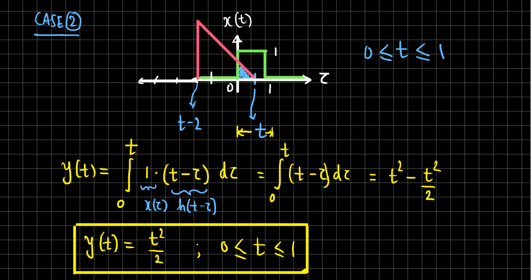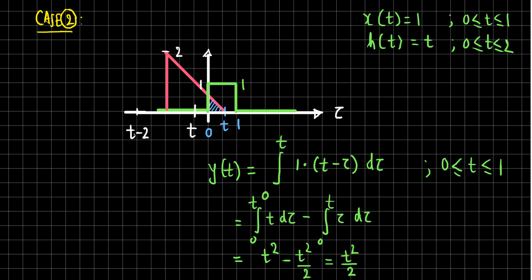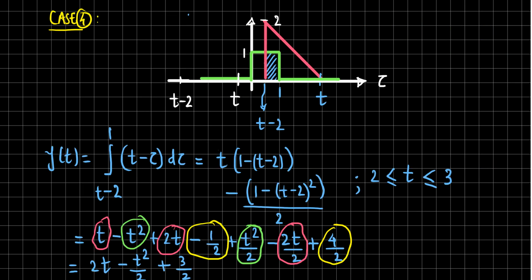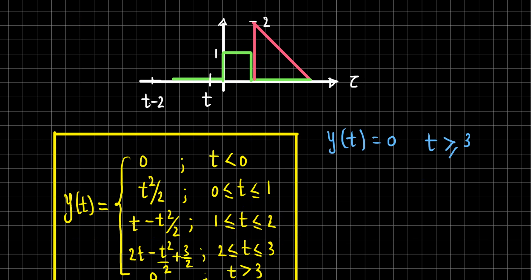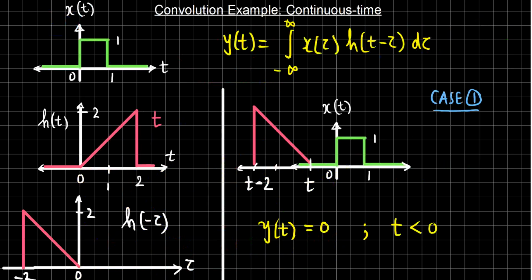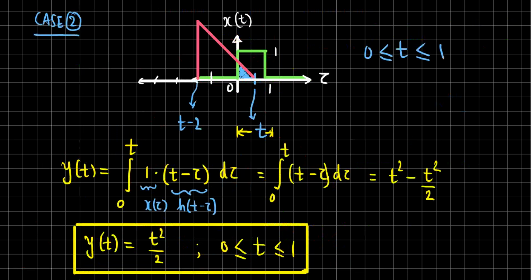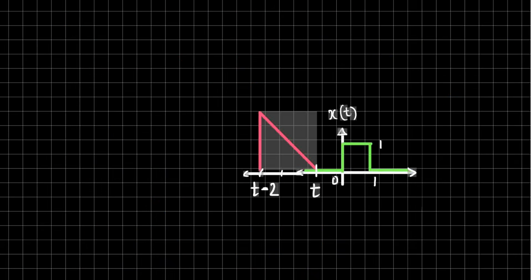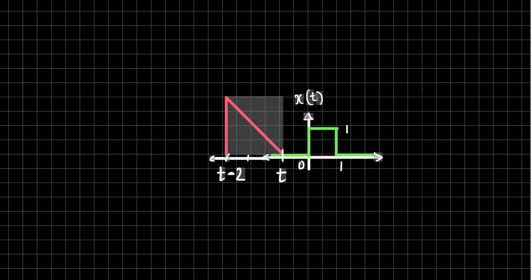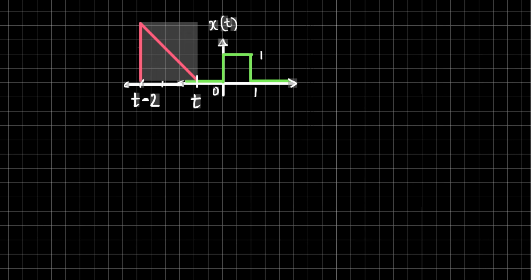So let's analyze another case where t is going to be different. So we are analyzing the case where the shift between the signals is now different.